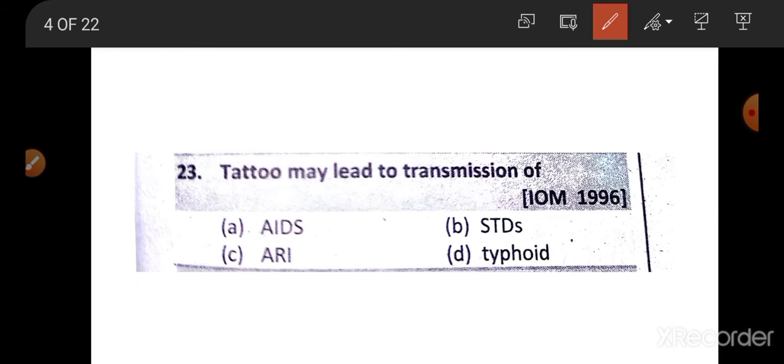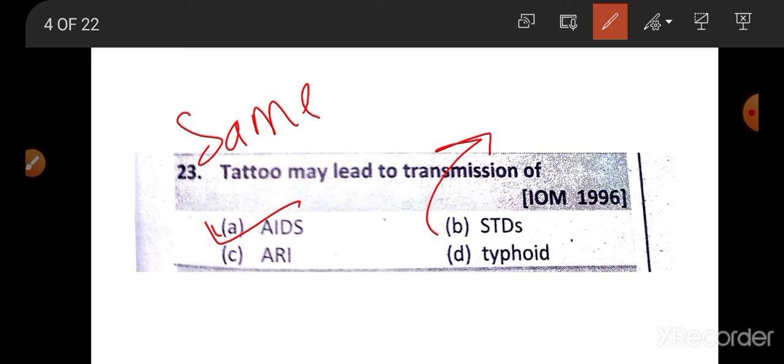23. Tattoo may lead to the transmission of AIDS, if the same instrument is used for tattooing an AIDS-infected person and then an AIDS non-infected person, then the non-infected person gets infection of AIDS.